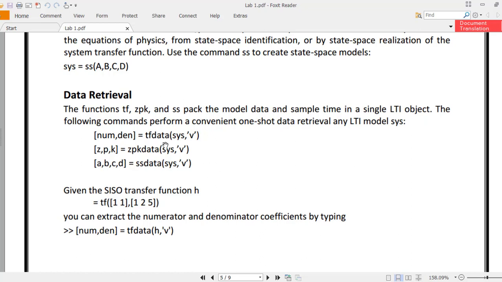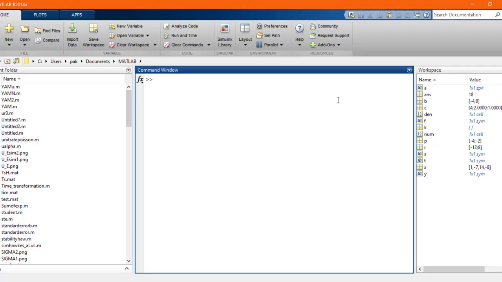So if you have to extract the data from a transfer function, how would you do that? This is the command that you need to write. I'll just paste it over here. You can see this red line. It doesn't need to be like this, so I have replaced them with a single inverted comma.